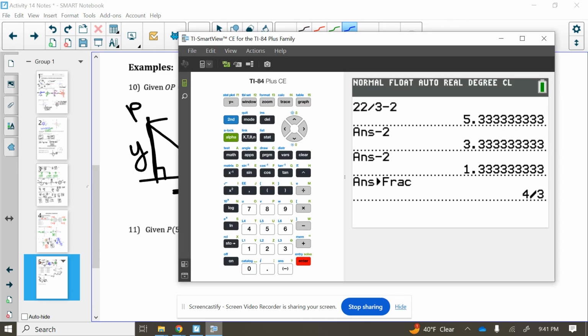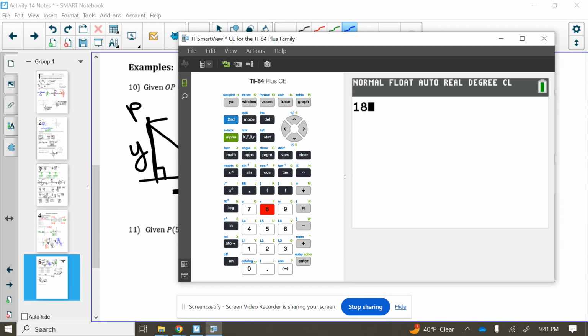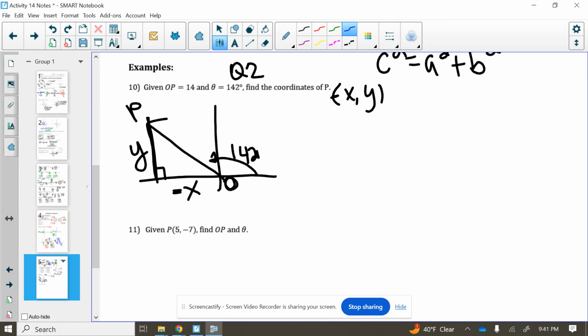Now, first things first, we need to figure out what that reference angle is. We are 38 degrees short of 180, so that is our reference angle. And again, they gave us that O to P is 14, so we have this length of the hypotenuse. In order to find our x-coordinate, we can use cosine, because we have the adjacent and hypotenuse.